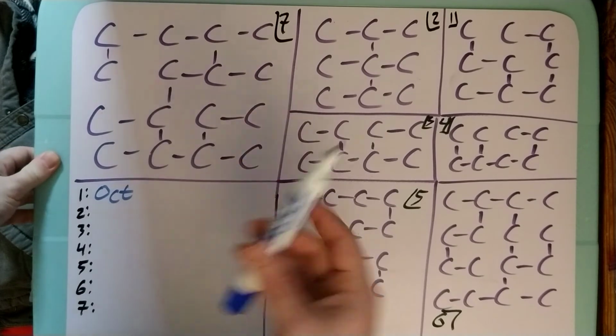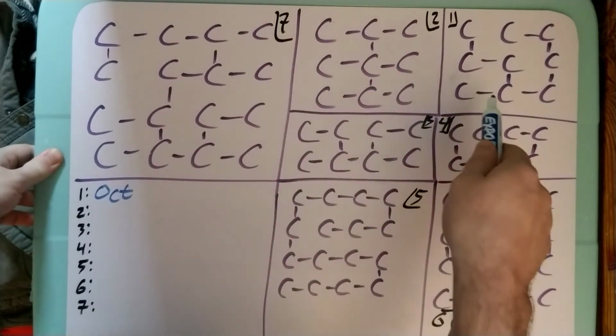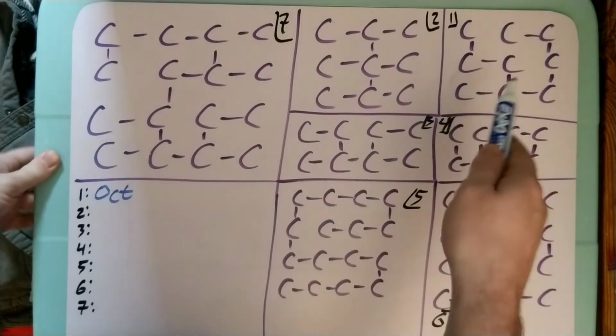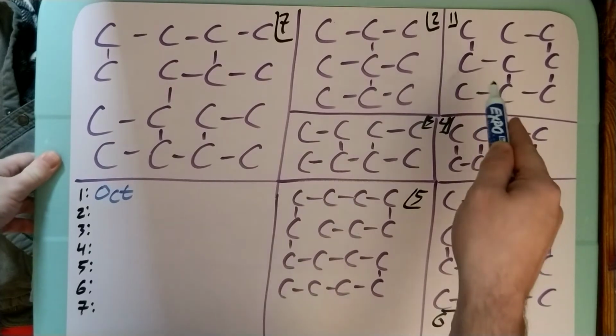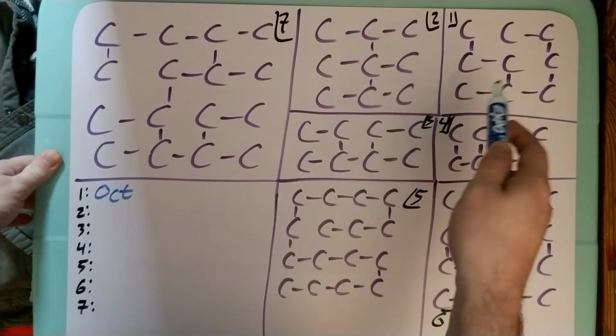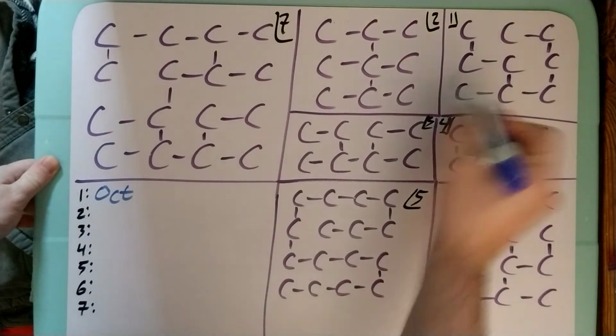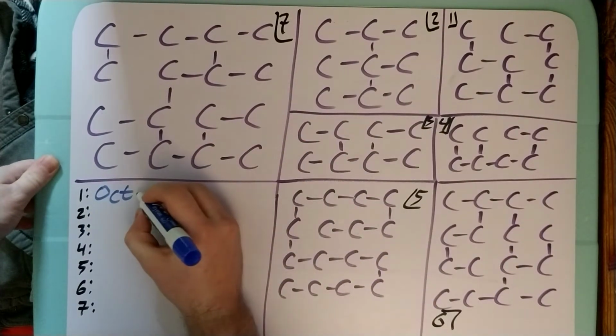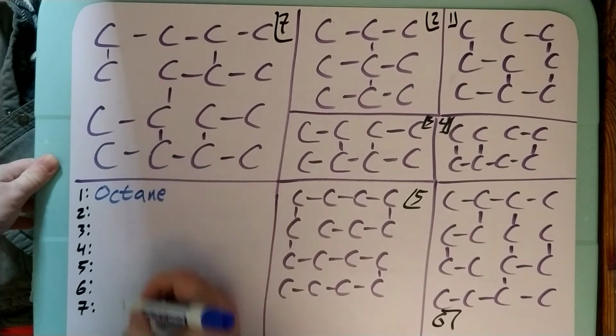So this does not have any rings, double bonds, or triple bonds, which means this is an alkane. So it's going to end in ANE. So the parent of that would be octane.